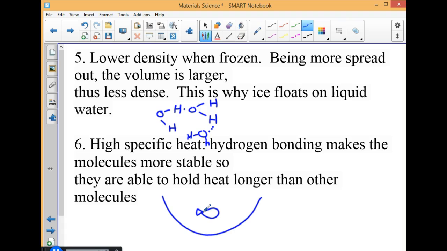We can pretend that's a fish. If solid water was more dense than liquid water, as the water froze, the ice would sink to the bottom of the lake. Then more liquid water would freeze and sink to the bottom of the lake.